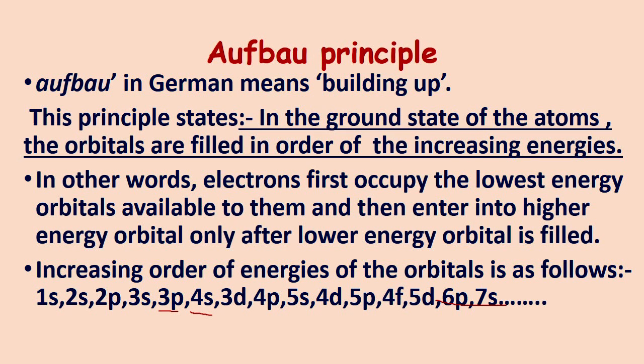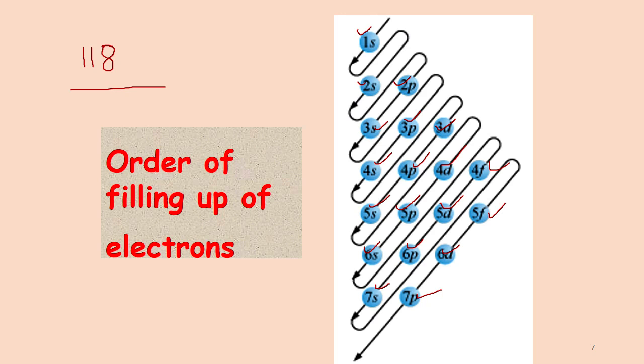7s, and so on. Order of filling up of electrons. This is a very easy way to find the order in which electrons are filled in the orbitals: 1s, 2s, 2p, 3s, 3p, 4s, 3d, 4p, 5s, 4d, 5p, 6s, 4f, 5d, 6p, 7s, then 5f, 6d, and 7p.